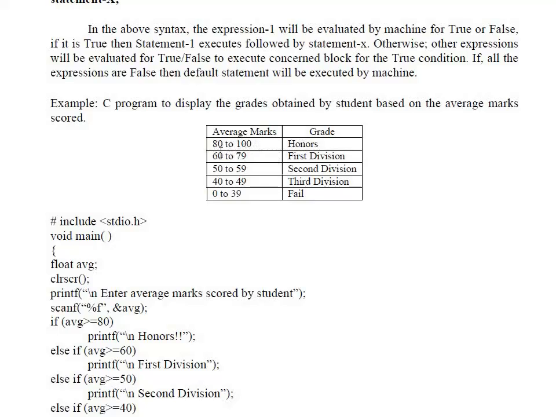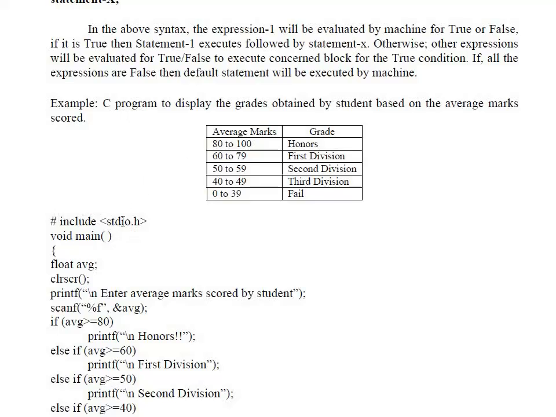If the input is in this range, it displays first division. In this range, second division; in this range, third division; in this range, fail. This is a C program to display the grade obtained by a student based on the average marks scored. Then how do we write this program?